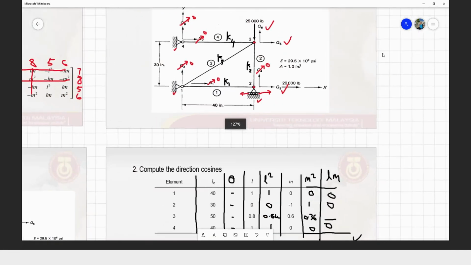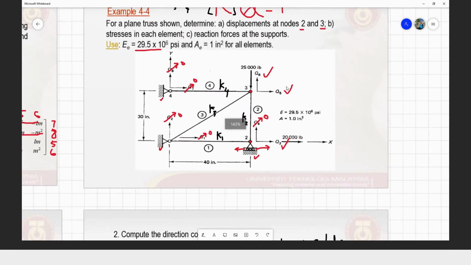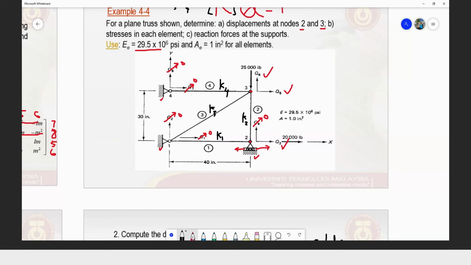And the external force, as we can see here, is only applied to node number 2 in the x direction. So kita boleh panggil our force dekat sini ni as our F3 untuk this one. And then this one we can call it F6 equal to negative 25000 pound.